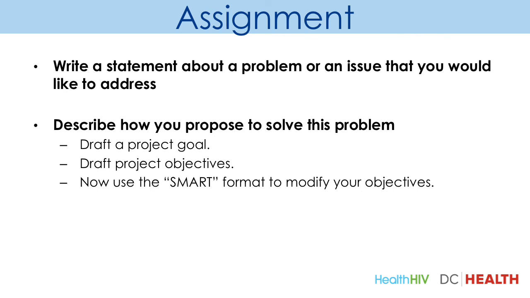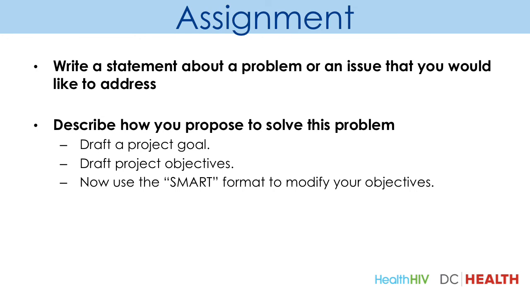So now that you've had an opportunity to learn a little bit more about the grant proposal writing process, let's take a little bit of time and work on a short assignment. Write a statement about a problem or an issue that you would like to address in the form of a grant proposal. As you write out the statement about the problem or an issue, also describe how you propose to solve this problem.